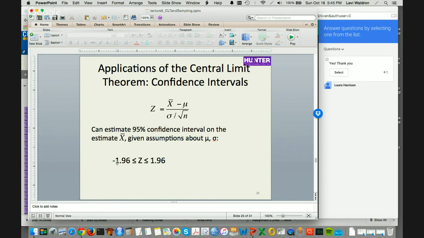So 1.96 times the standard error would give you your 95% confidence interval. And I don't want to get into that in too much detail today. We'll have plenty of time to talk about it next week.